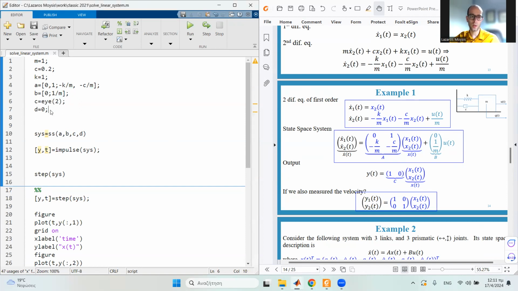And D is 0. This is the matrix that in some situations denotes the input directly into the output, but here it is 0. Okay, so this is it.